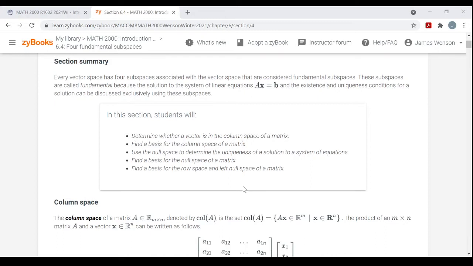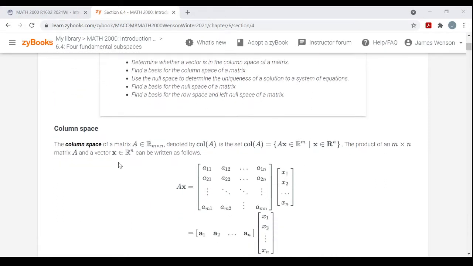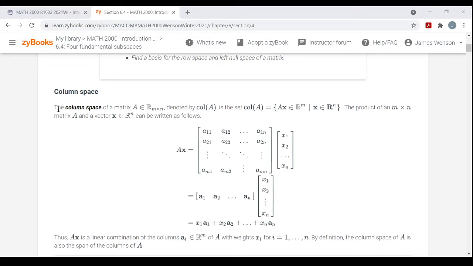Right. So the first of these spaces is the column space of a matrix. The column space of a matrix A, which is some m by n matrix with real entries, is denoted by col of A. The column space of A is the set of all vectors from Rm that you get when you take matrix A and multiply it by some vector from Rn.